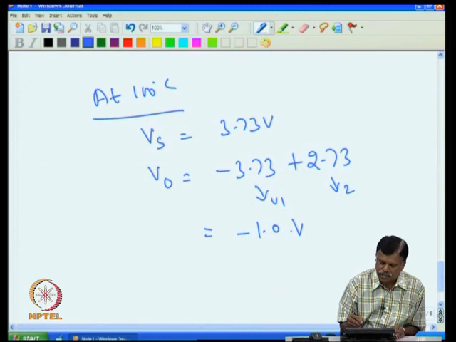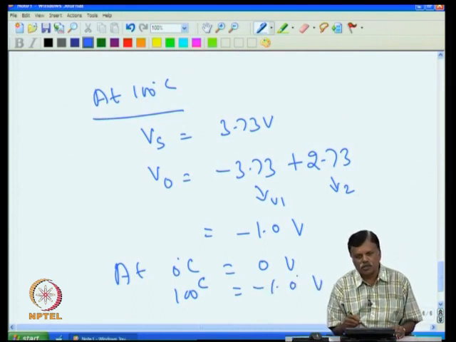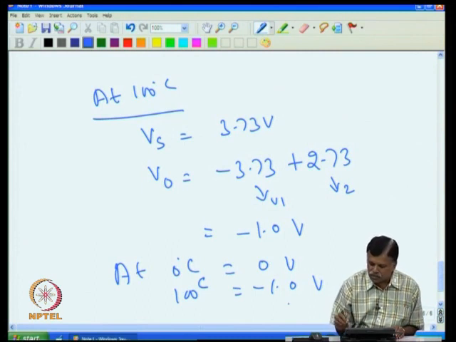At 0 degree C it will give me 0 volt. At 100 degree C it will give me minus 1 volt. So if I connect the meter, then it will show correctly. But then there is one issue.